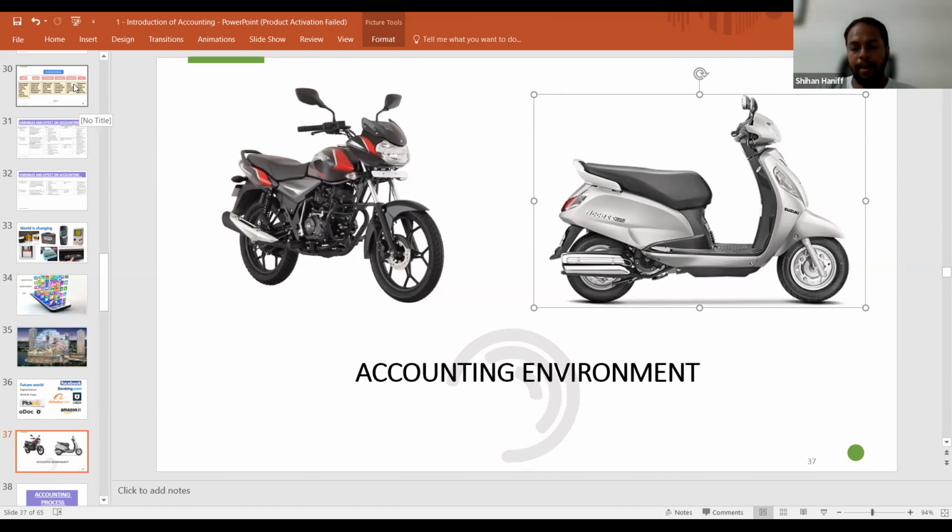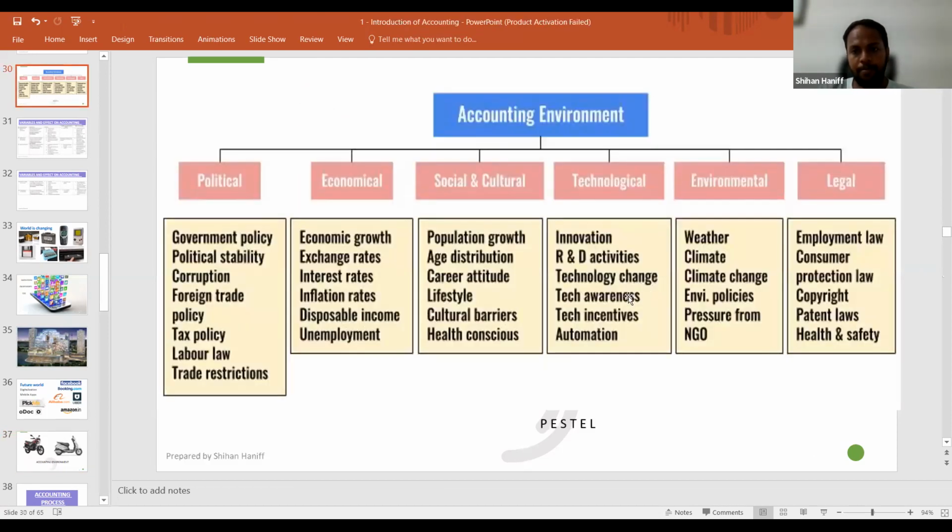Okay. And so basically, most of the social and cultural and economic factors, because if you take fuel, economic factors are increasing.